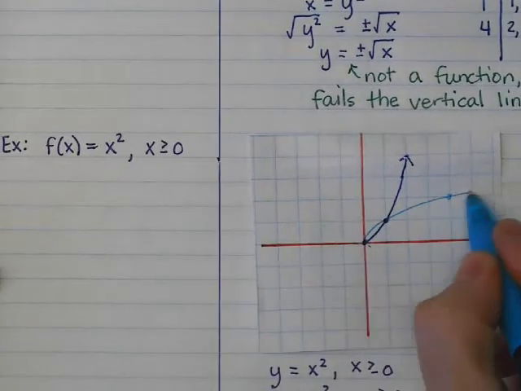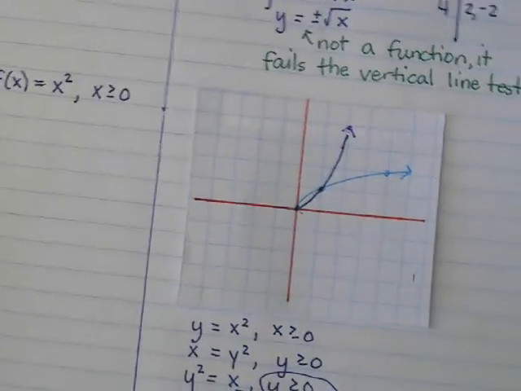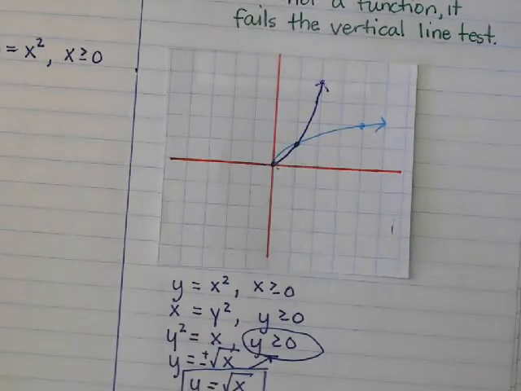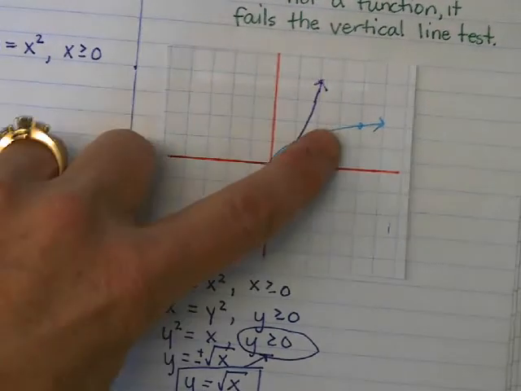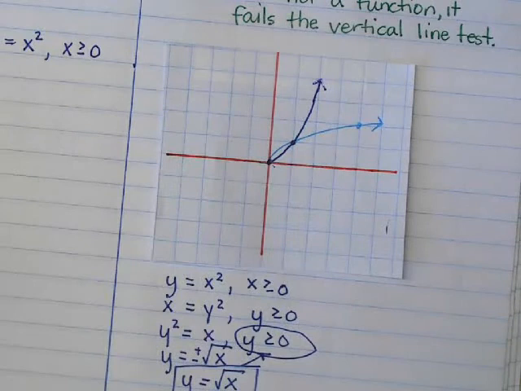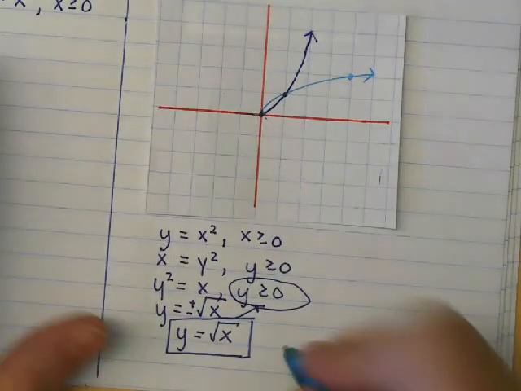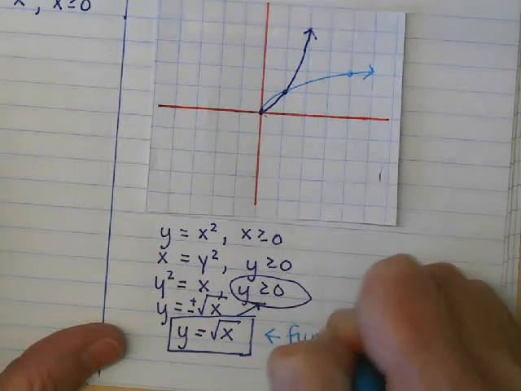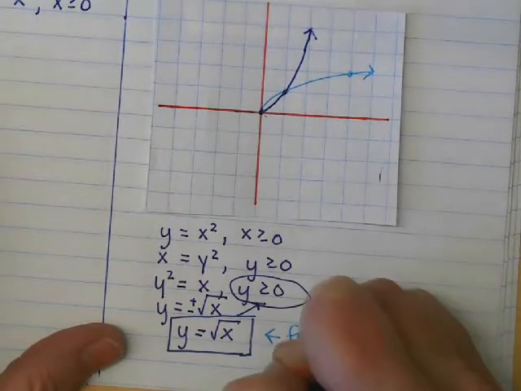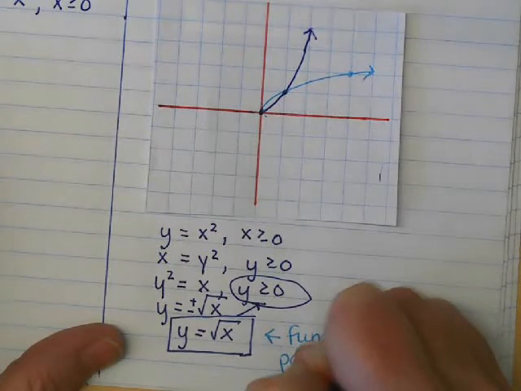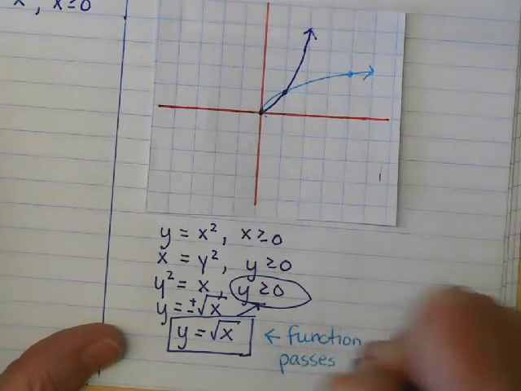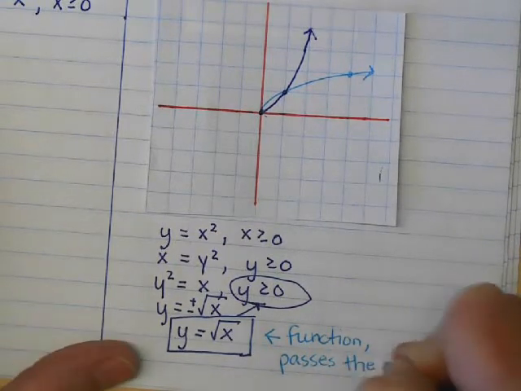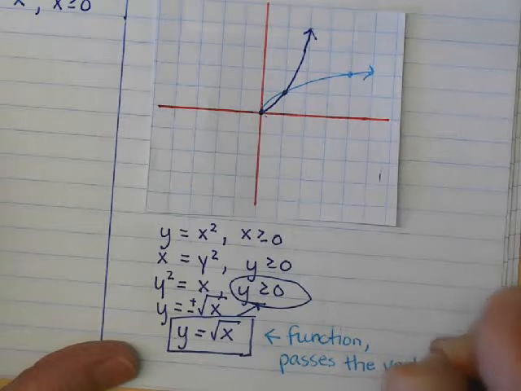So it looks like that. Okay, now in this case, this light blue one, it is a function. It's going to pass the vertical line test.